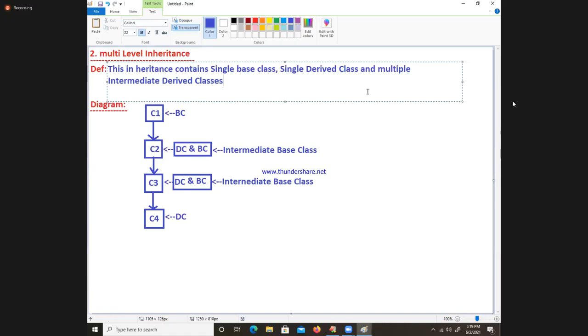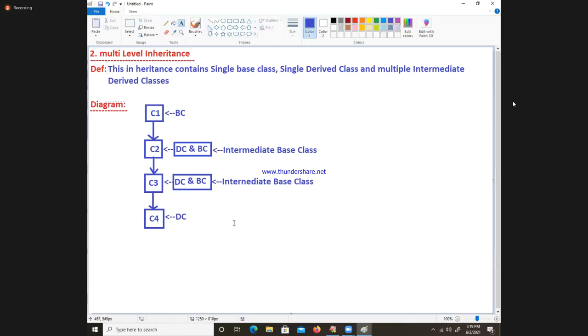That type of inheritance is known as what? Multi-level inheritance we can call.